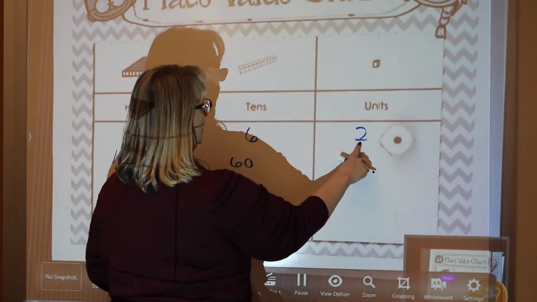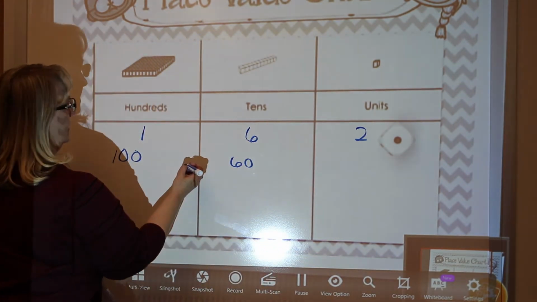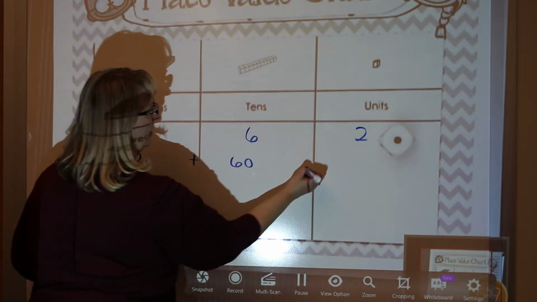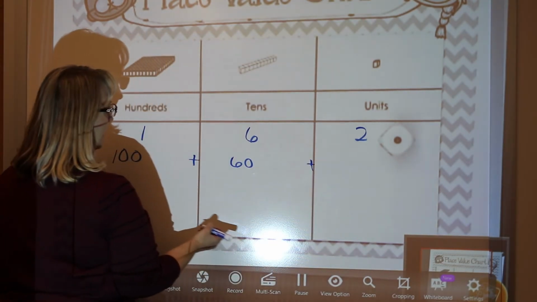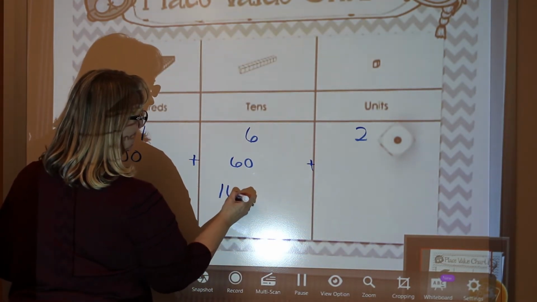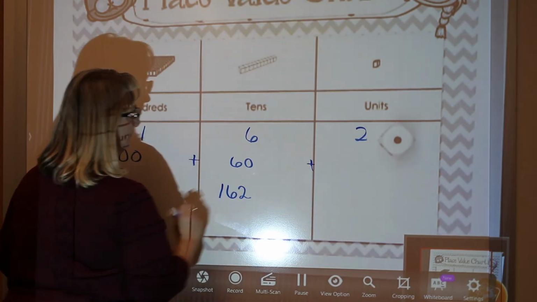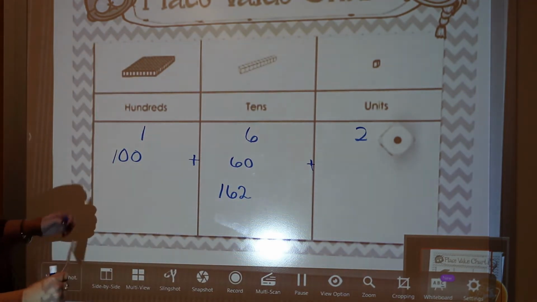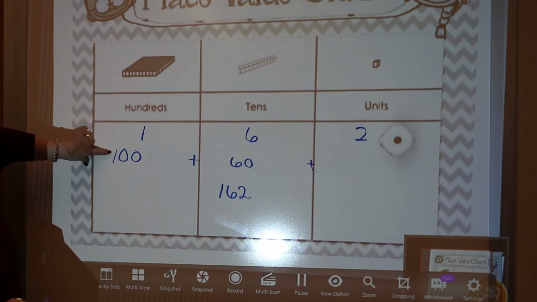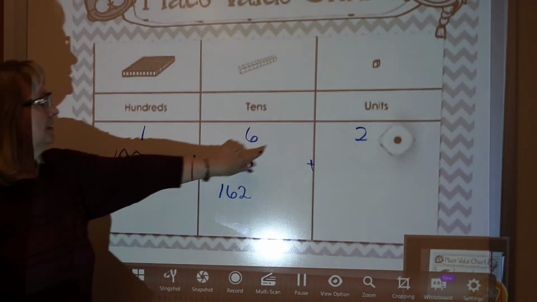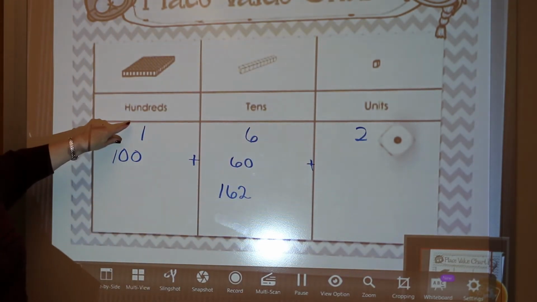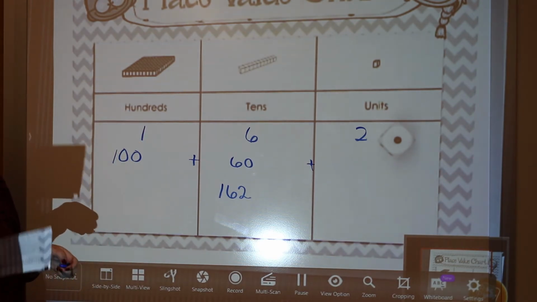And then my number 2. And then we could add it all together, and we would get 162. So this is showing you the value of each digit as well as its place for each digit.